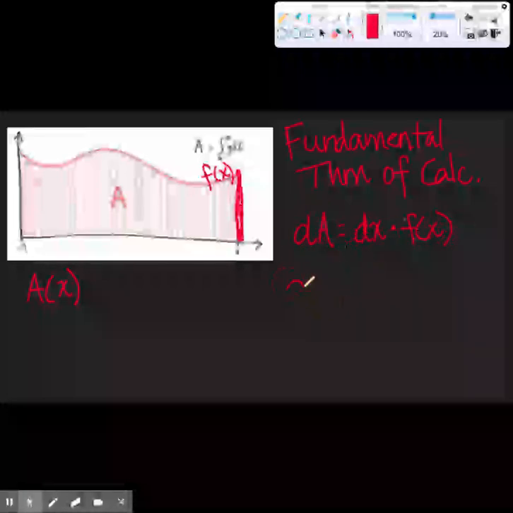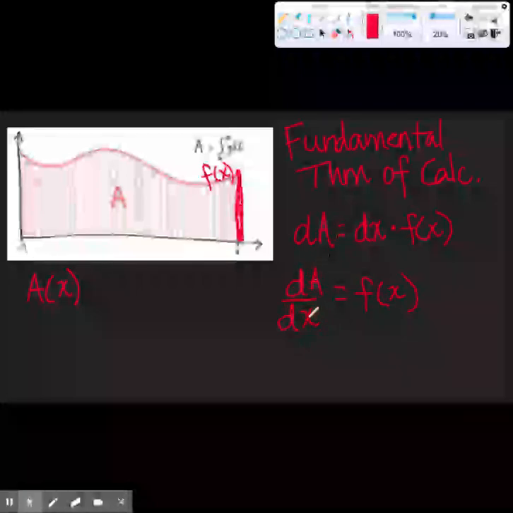If I rearrange this expression, I can divide both sides by dx, and I see that dA/dx is equal to f of x. So the way the area is changing with respect to x, the change in area over change in x, equals the function f of x.